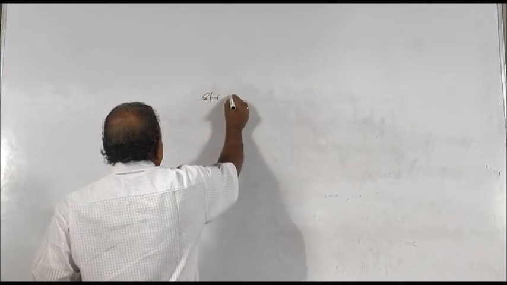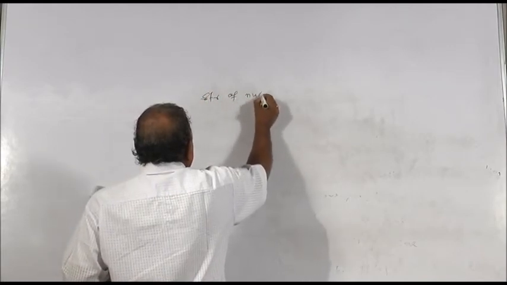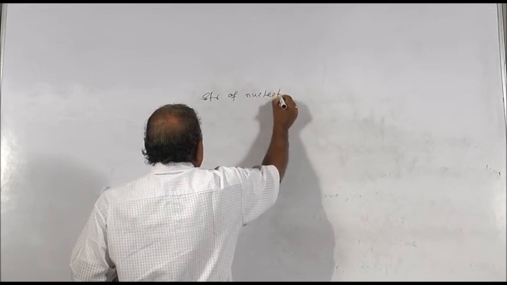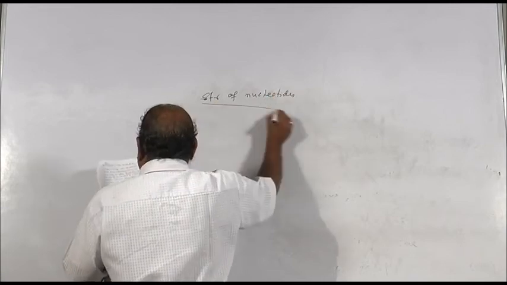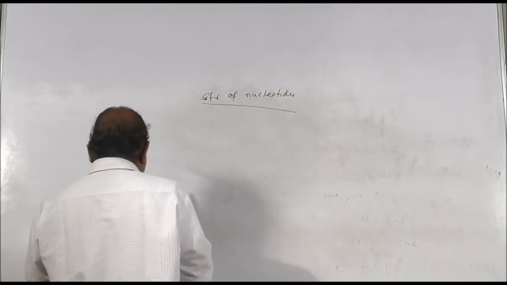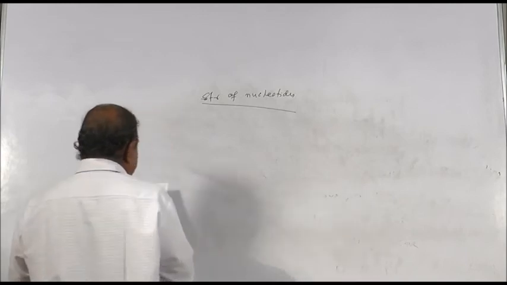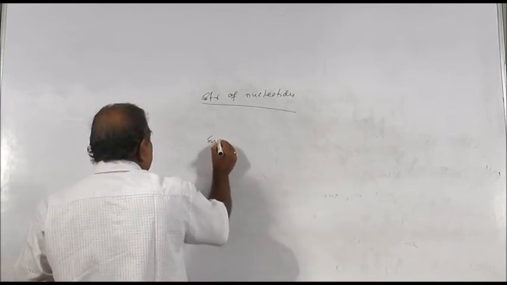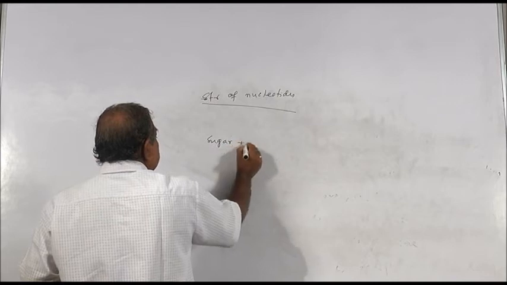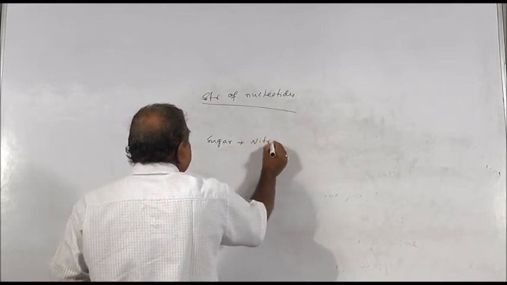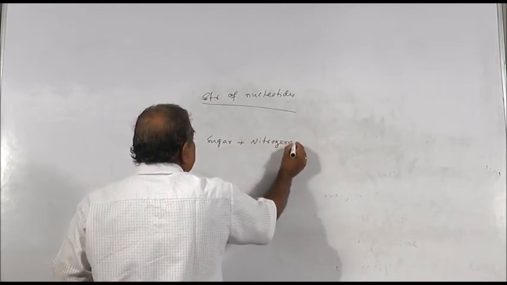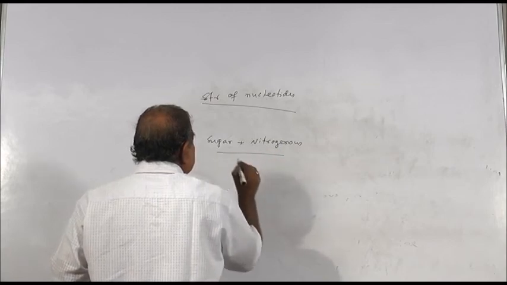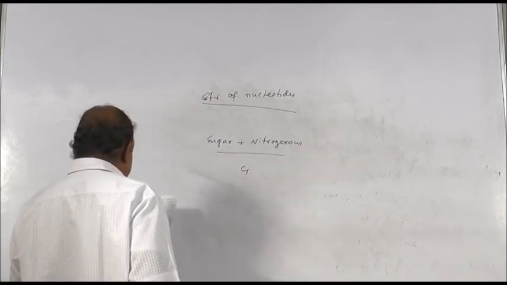Structure of nucleotides. In a nucleotide, the sugar ring is attached to the nitrogenous base through its carbon atom 1.